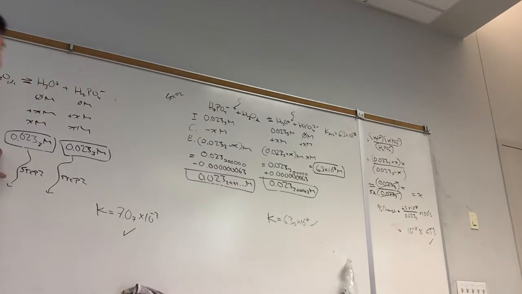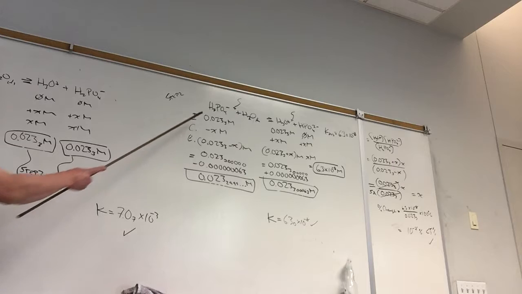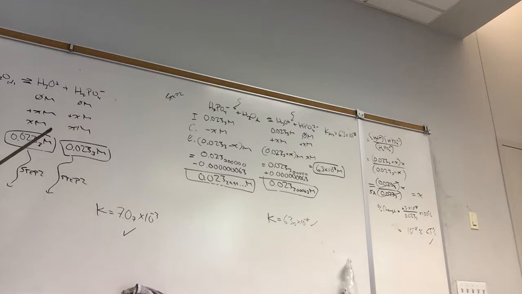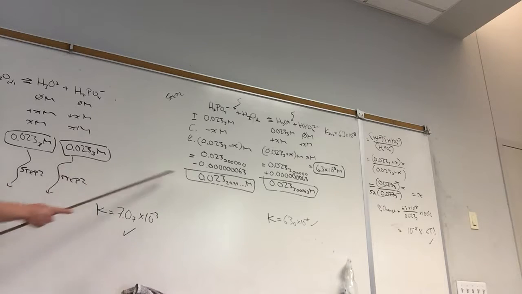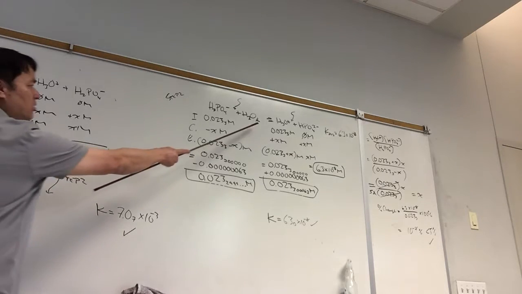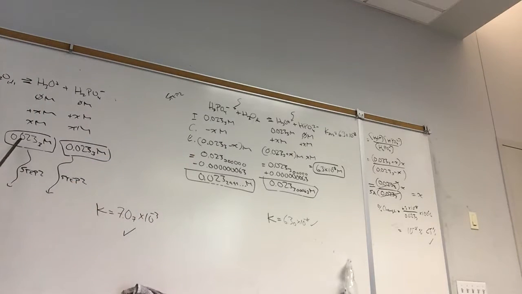Did that perturb this? The new dihydrogen phosphate concentration is this, so we plug that in here. The new hydronium concentration is this, we plug that in here. We double check it. Yeah, this was a negligible change, right? And therefore, if it's a negligible change, it does not perturb the previous step.